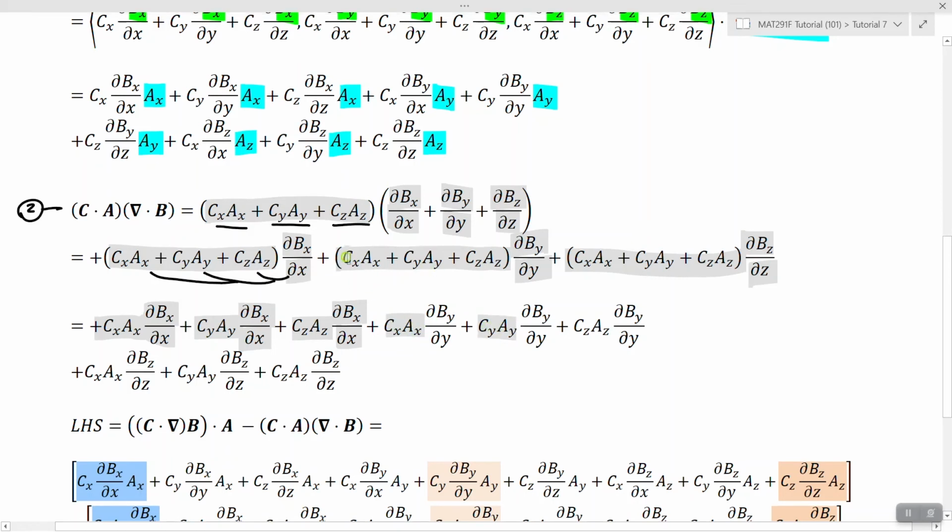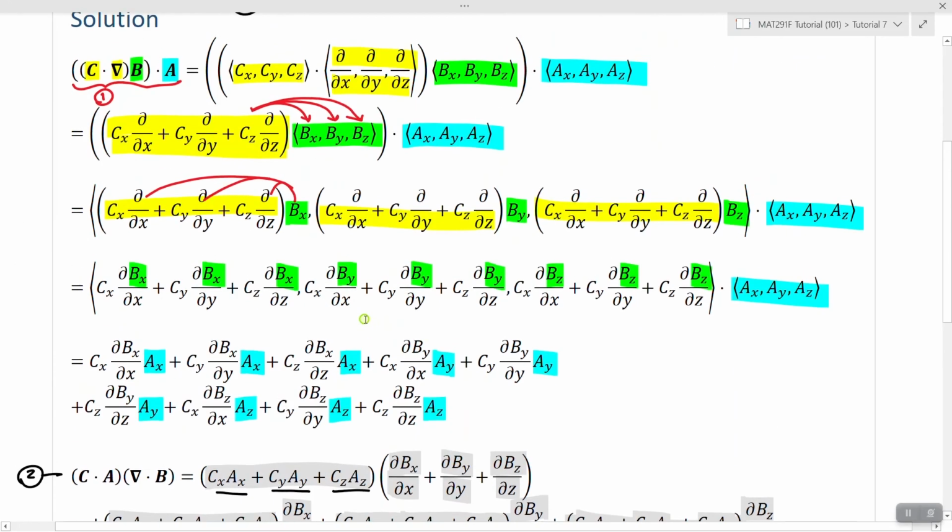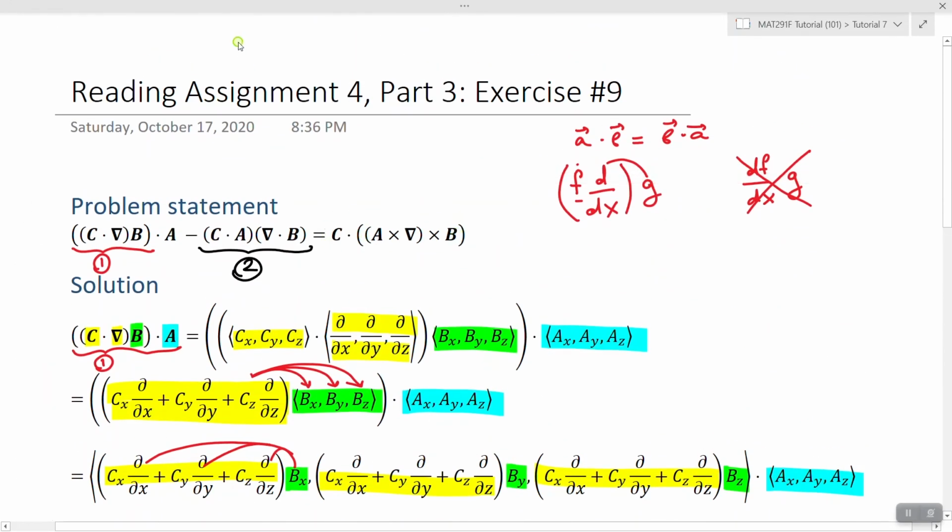So you see the cx ax, cy ay, cz az are all multiplying this guy. And same idea here, we have cx ax, cy ay, cz az multiplying partial z bz. So this is it for this term, and now let's figure out how to expand the third term.